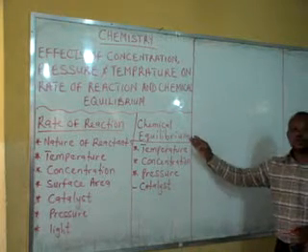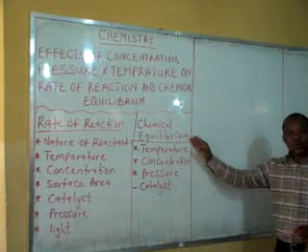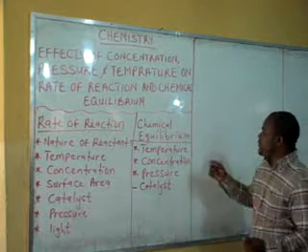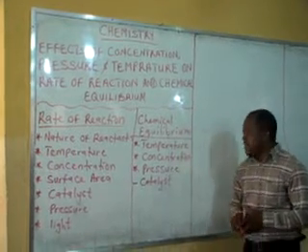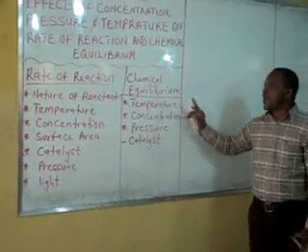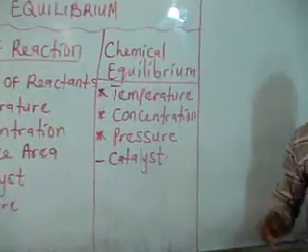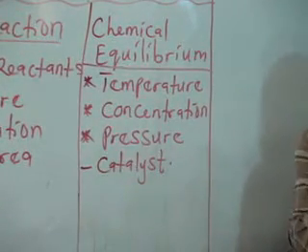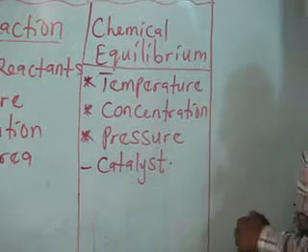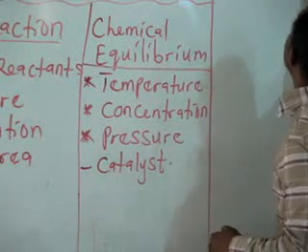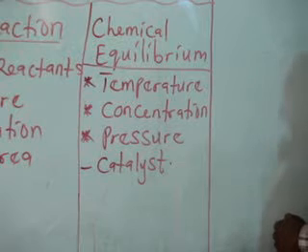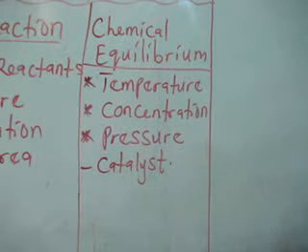Now, to chemical equilibrium, we have the first one, temperature. If you want to explain how temperature affects chemical equilibrium, you must look at the reaction. If they write the reaction, you can see probably I have something like A plus B to give me C plus D. Then there will be something here.